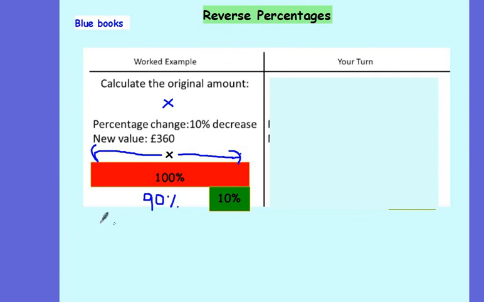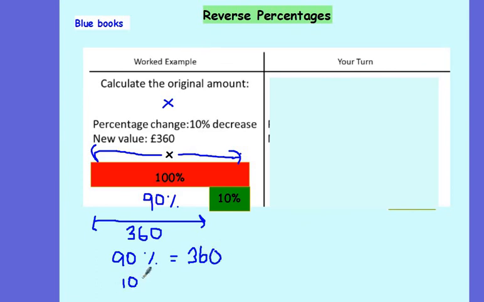I've been told that this 90% here is worth 360 to me. Okay, Vicky, if 90% is 360, can you tell me what would 10% be? Exactly, if 90% is 360, if I divide that side by 9 to get 10%, I need to do the same to the other side, which tells me 10% is 40.